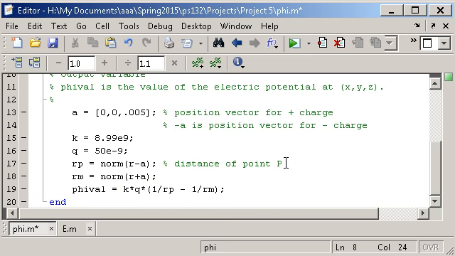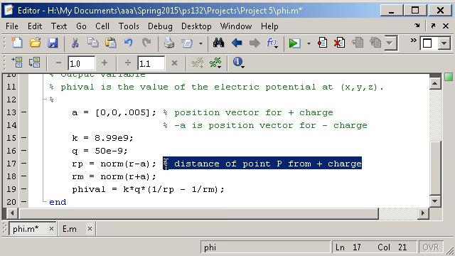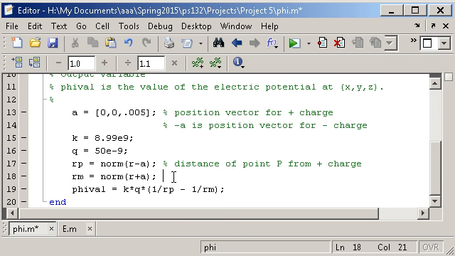Distance of point P from plus charge, so the positively charged particle, and then Control C, Control V from the minus charge.